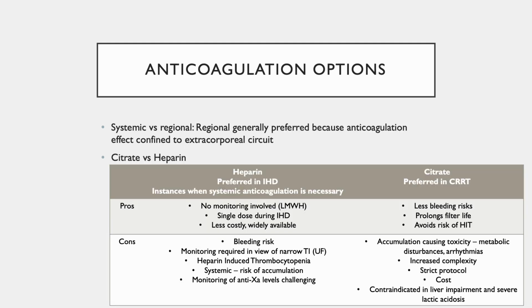So in terms of anticoagulation options, broadly speaking, can be classified into systemic or regional approaches, and regional is generally preferred because the anticoagulation effect is constrained to the extracorporeal circuit. And the two most commonly used anticoagulants are heparin as well as citrate, where citrate has become increasingly the preferred modality because of studies demonstrating the superiority in maintaining filter life.